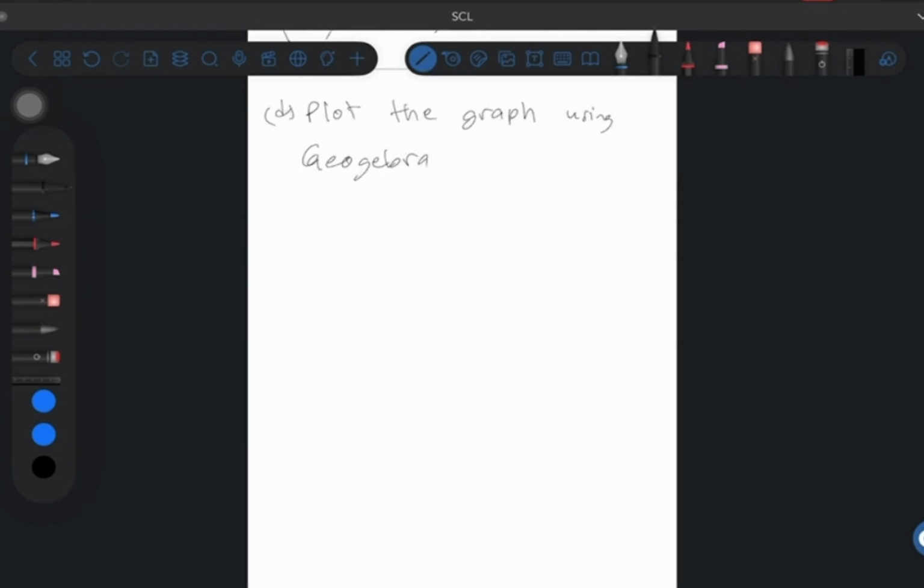In question D, we have to plot the graph using GeoGebra. As we know before, the critical numbers are 2, 1, and -1/2.